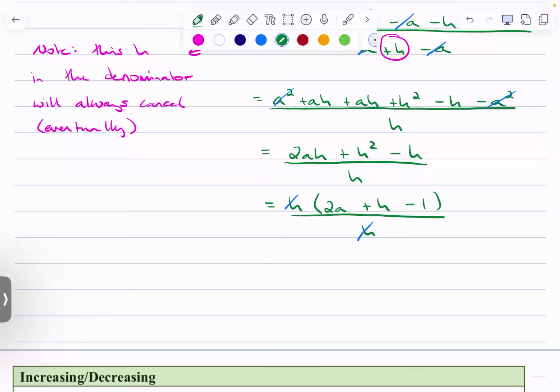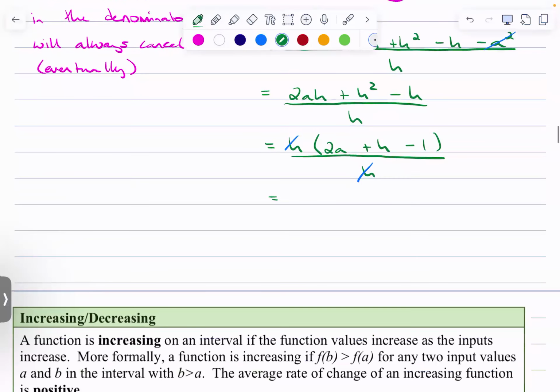So now my answer is 2a plus h minus 1, which is my average rate of change on any interval from a to a plus h.